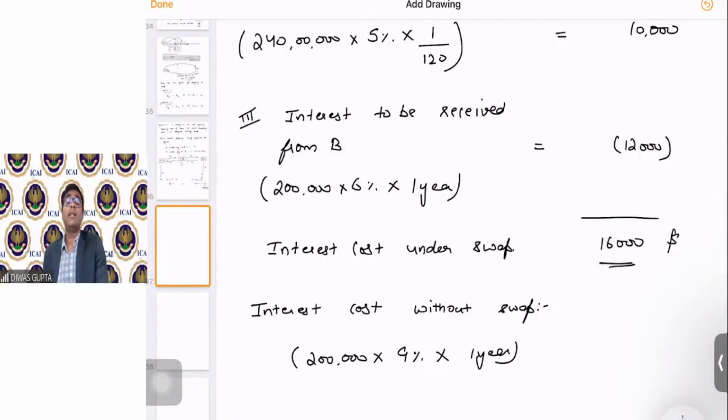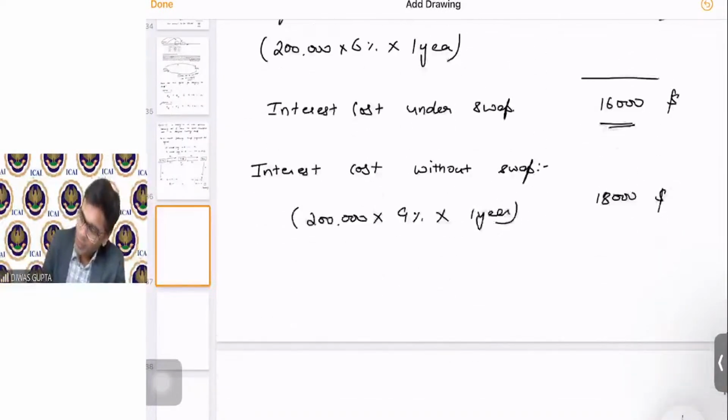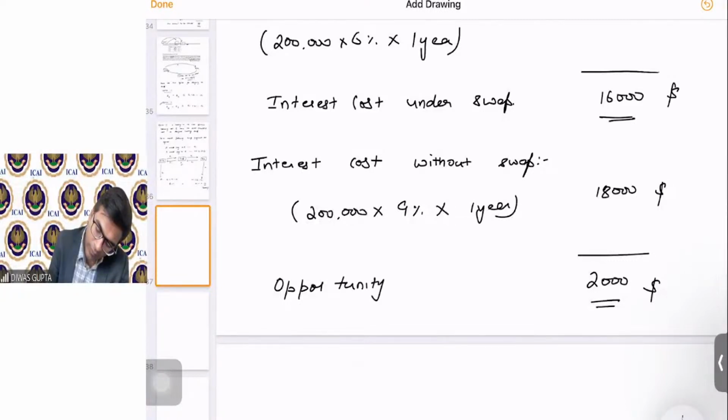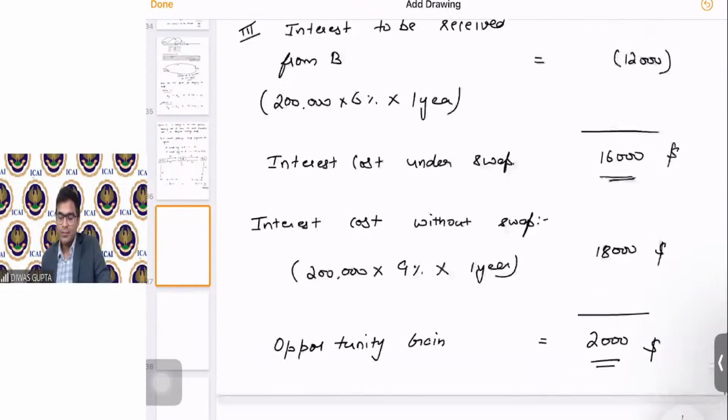Had this swap not been there, company A would have borrowed in the USD rate. Correct. What is the USD rate? 9% for company A. So they would have ended up incurring $18,000. So there is an opportunity gain of $2,000. Clear, students?